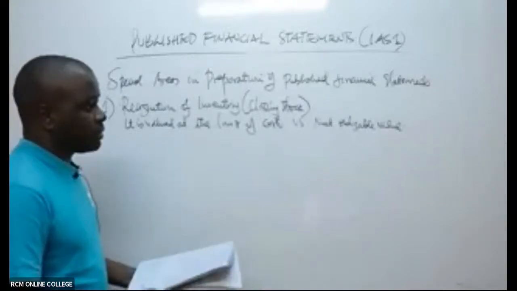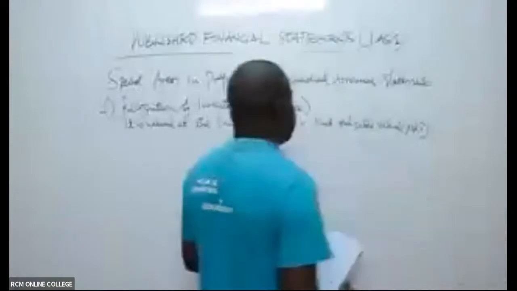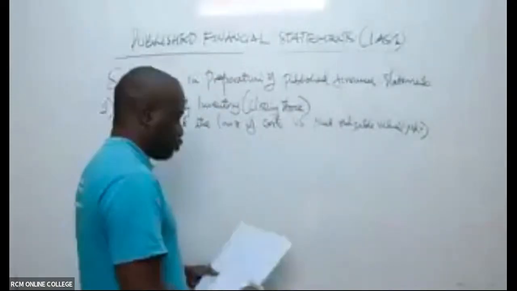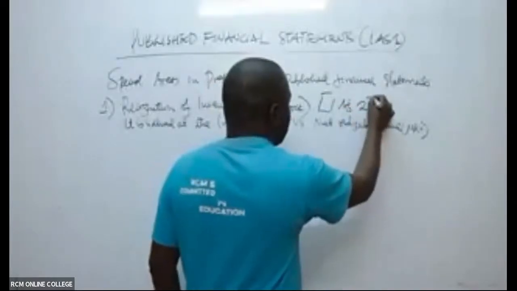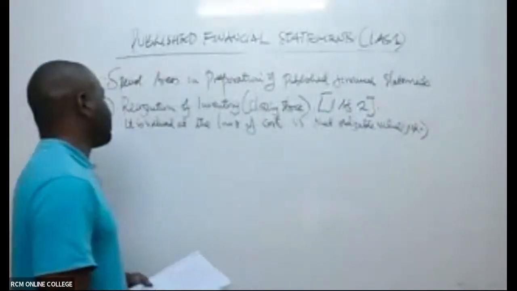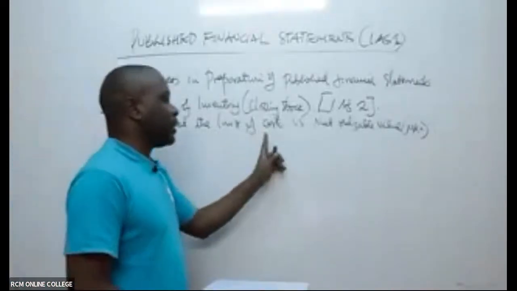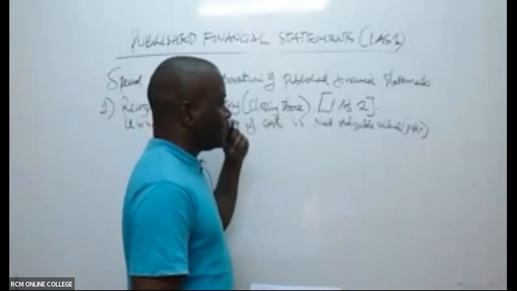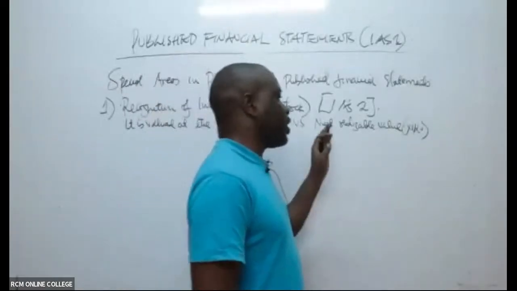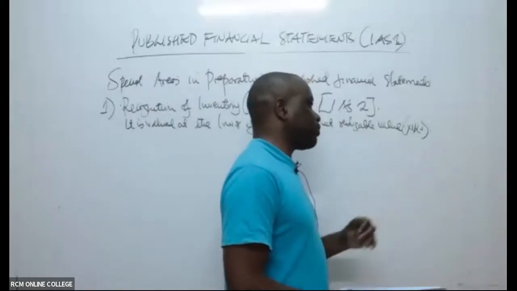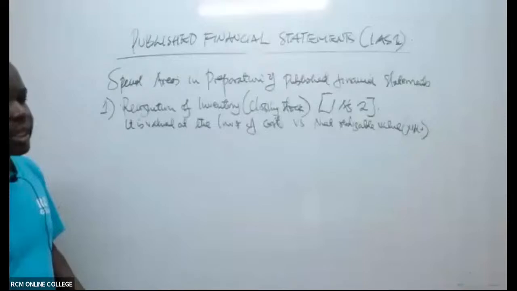Sometimes you just call it NRV, and this is in accordance with International Accounting Standard number 2 on inventory. When valuing inventory, you compare the cost of acquiring that inventory with what you can realize as a value from it. You take the lower of the two.